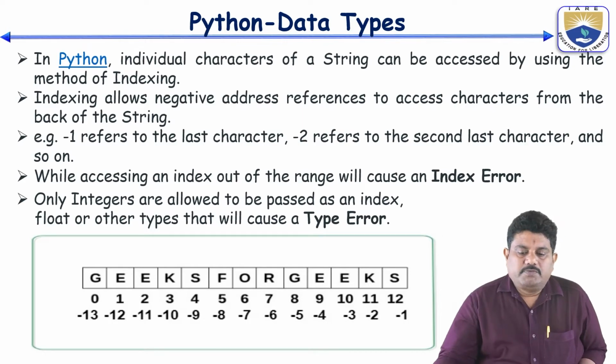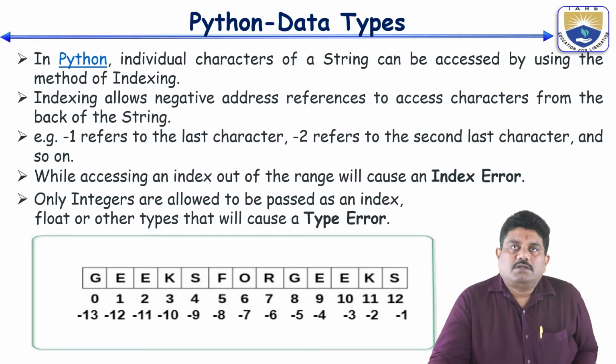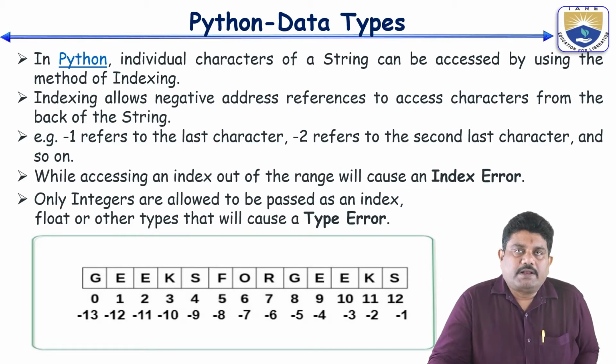In Python, individual characters of a string can be accessed by using the method of indexing. So how to access these strings? While defining a string, we said that a string is nothing but an array of characters.